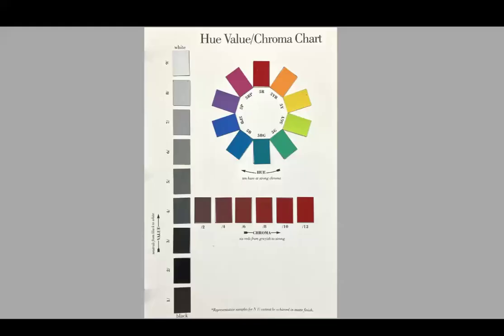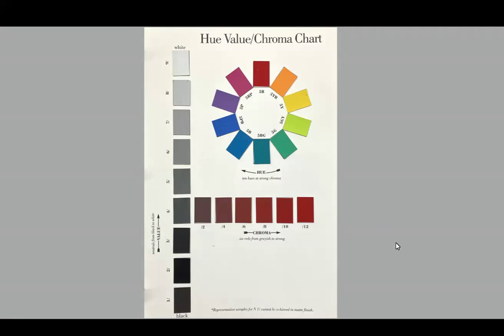So those reds, every one of those red swatches is a number 4 value. In other words, if I desaturated this or did a black and white photo, every one of those reds would look exactly the same gray that's on that horizontal level. The first gray here is mostly gray with a little red, and then you add more red, more red, more red, more red to the most red on the right-hand side.